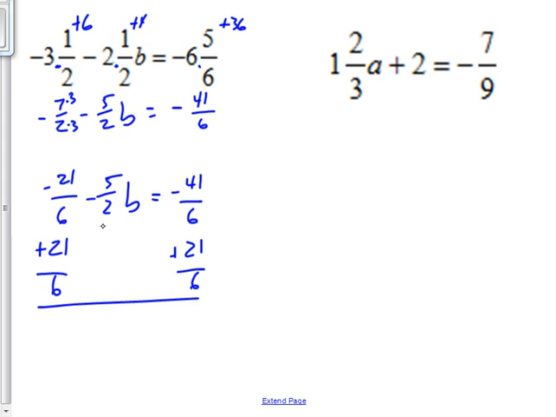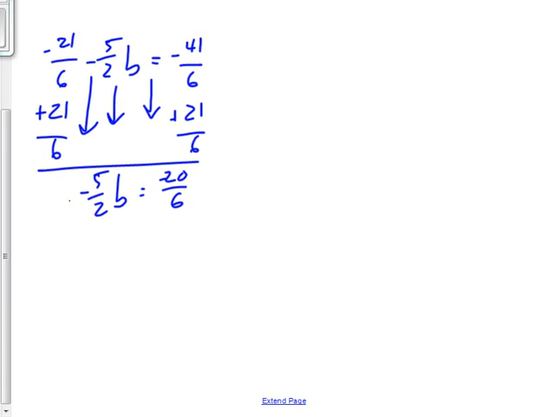All right, bring my negative down, bring my variable down, bring my equals down. So this is 0. So I'm going to get negative 5 halves b is equal to, and when I do negative 41 plus 21, that'll give me a negative 20 over 6.